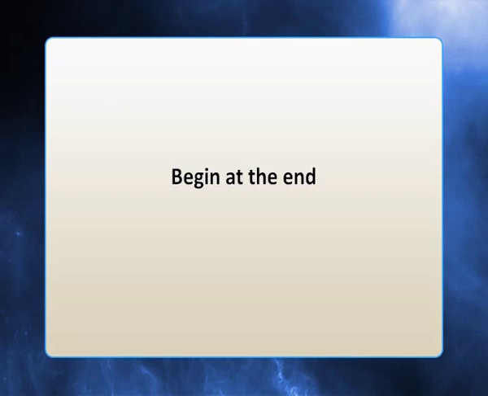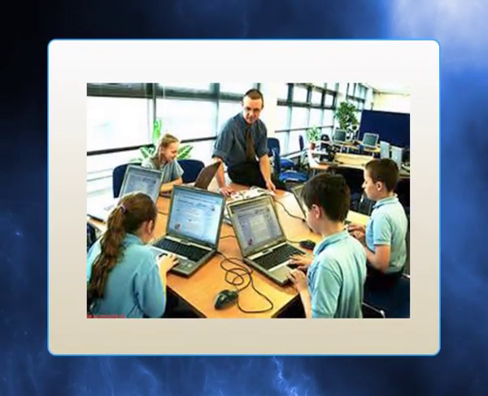Number 1, begin at the end. Begin by pinpointing as precisely as possible what it is that the learner will know and be able to do when the instruction is completed. This is often the hardest part in the instructional design cycle, but is the foundation upon which the rest of the process is dependent.